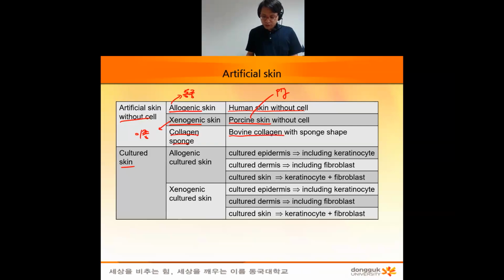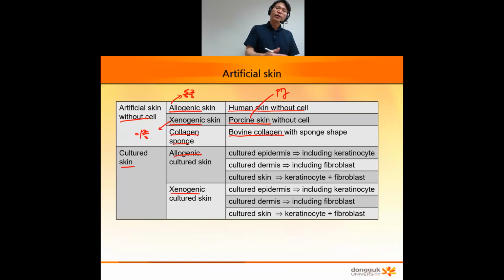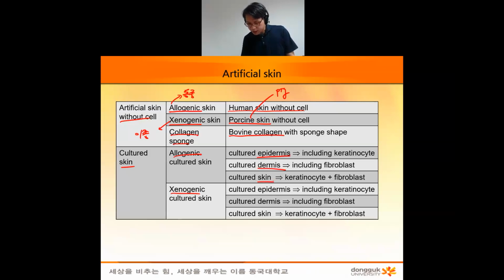In cultured skin, also there exists allogenic and xenogenic. Allogenics are human cells and xenogenics are from others. And they can be divided into cultured epidermis, dermis, cultured skin. That skin here means stratum corneum, in Korean 각질. Dermis is 진피.